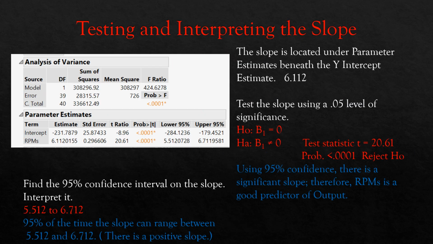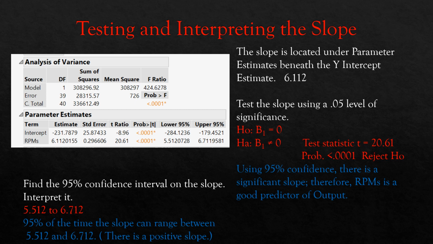Next, we're going to test and interpret the slope. If you look under parameter estimates, you will see the y-intercept, then beneath that, RPMs. 6.11 is the coefficient for RPMs, or the estimate.